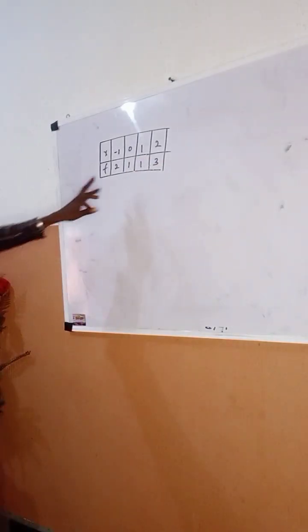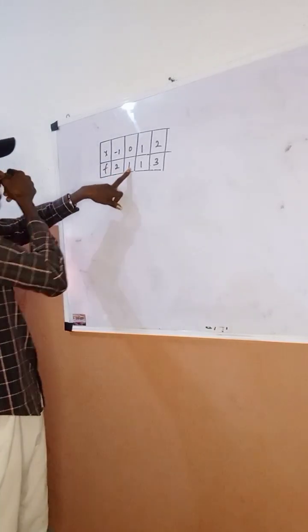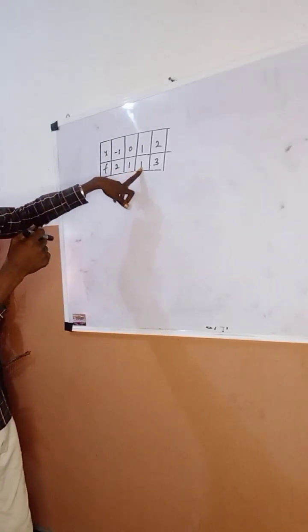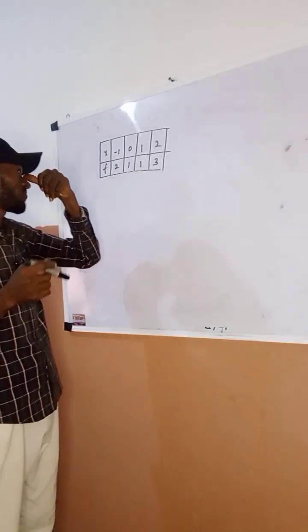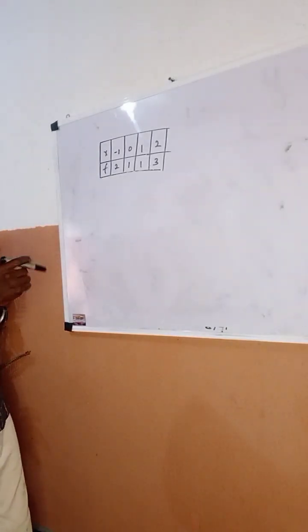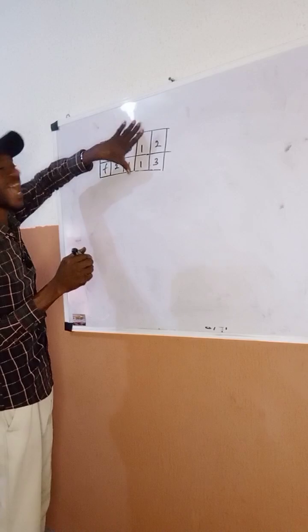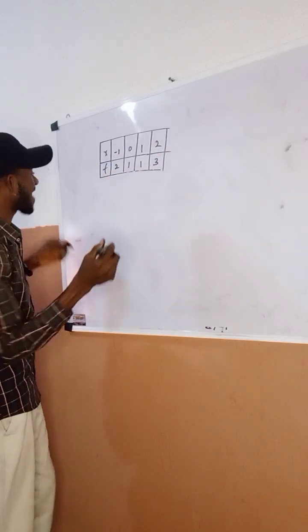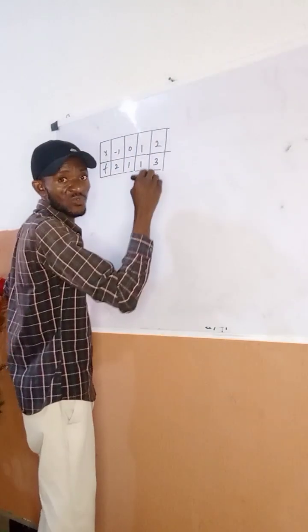Okay? So this plus this gives me 3, to this gives me 4, to this gives me 7. We are going to use this data to provide answers to all these things I'm going to write.